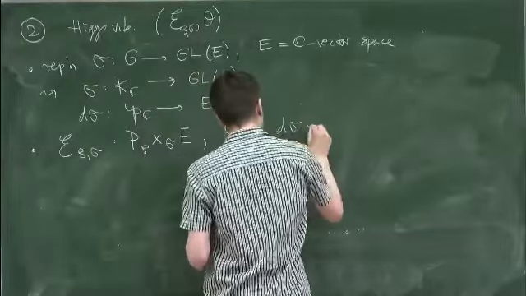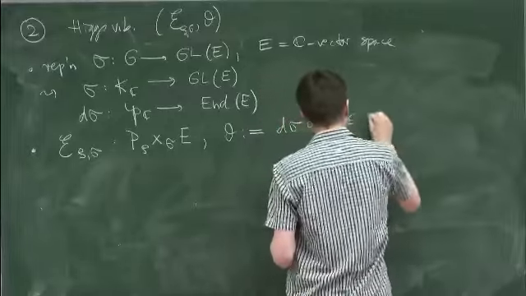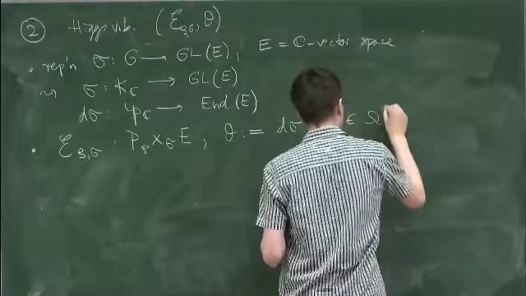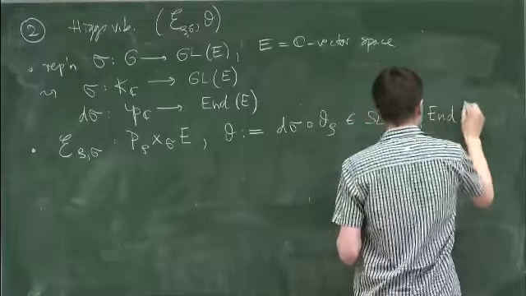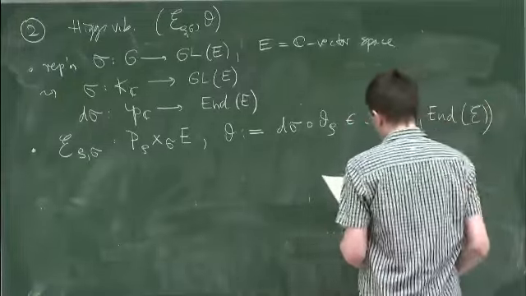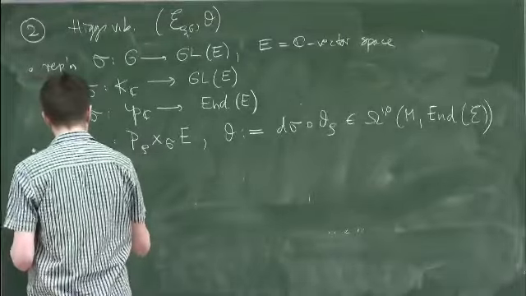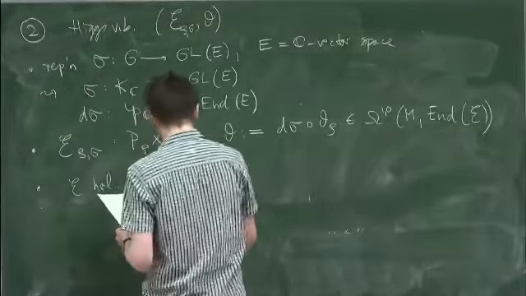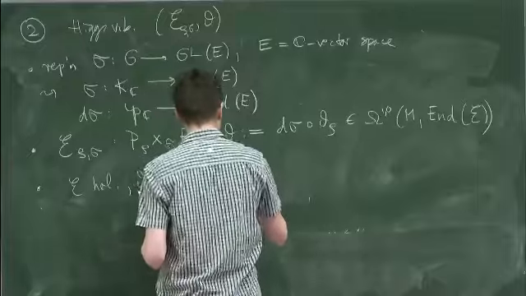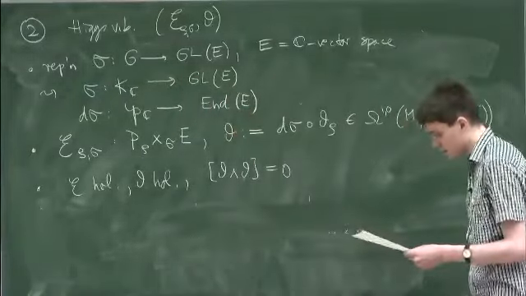And composing this d sigma with the former Higgs field, we get a one form, 1,0, on M, taking values in the endomorphisms of this vector bundle. And it's not a surprise, it turns out that E is a holomorphic vector bundle, theta is also holomorphic, and it satisfies this equation here. And again, this is the data of a Higgs vector bundle.